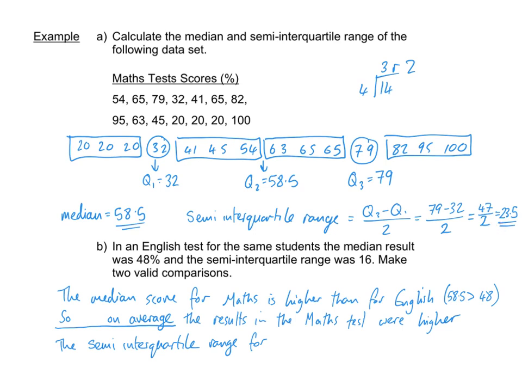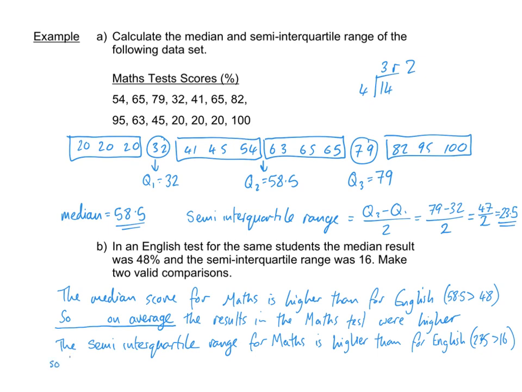So we can say the semi-interquartile range for maths is higher than for English. Again, a comparison there, 23.5 is greater than 16. Okay, it's good to compare these things and put in the actual comparison you're making.